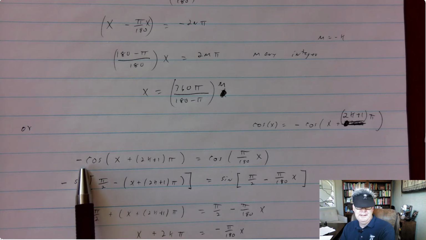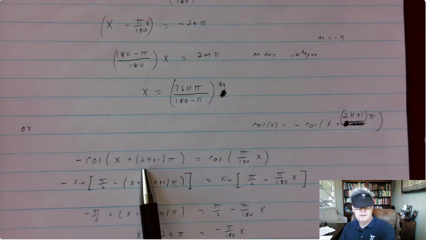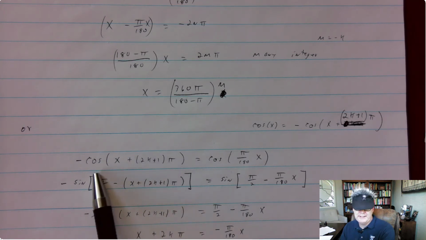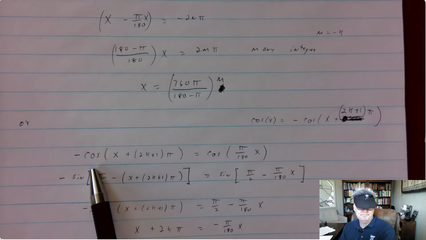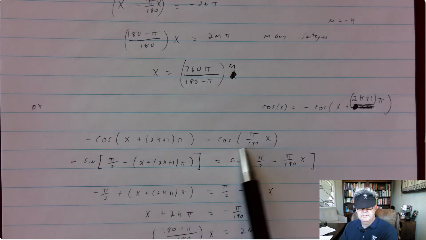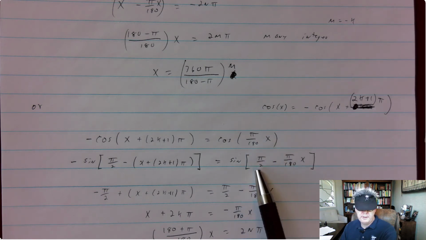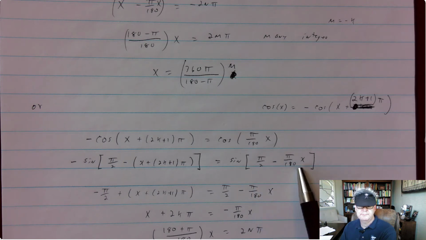So just to see how tricky I had to be, if I want the negative brought in, cosine's even, so I can't bring it in. But there's another identity: cosine and sine are cofunctions. So cosine of an angle is the same as sine of pi over 2 minus the angle.